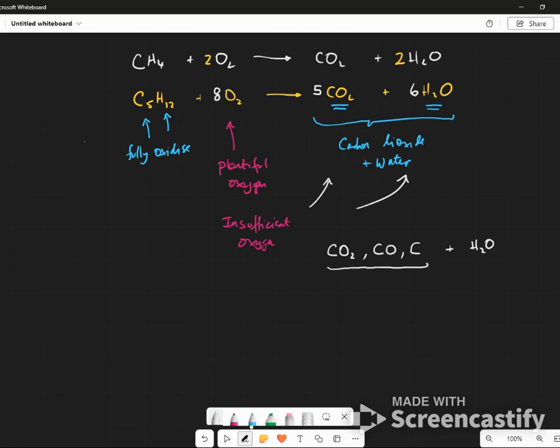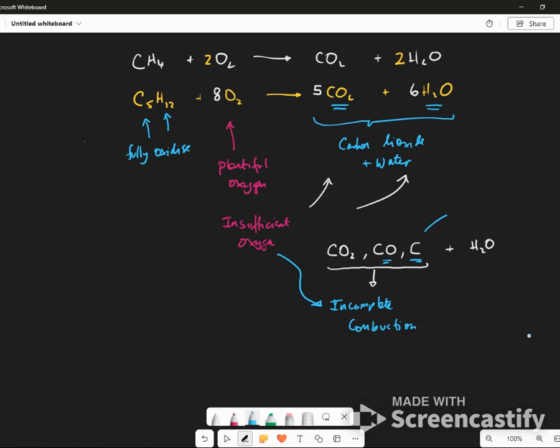If you get carbon monoxide and carbon, this is known as incomplete combustion.